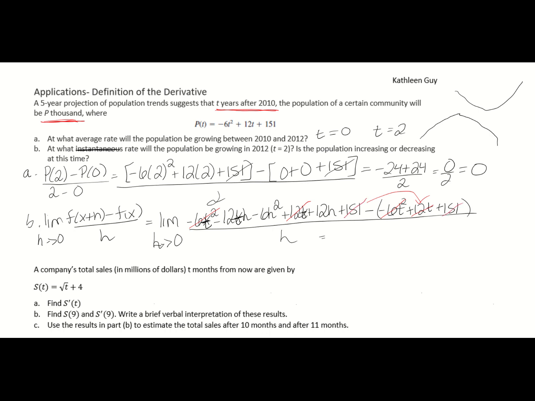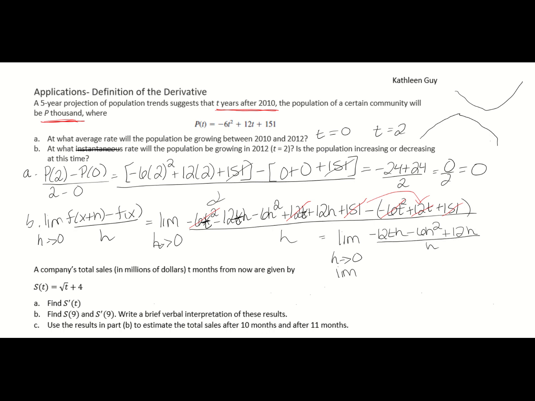So I'm going to be left with the limit as h approaches 0 of negative 6h squared plus 12h over h.